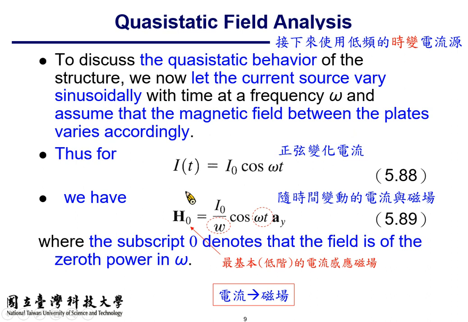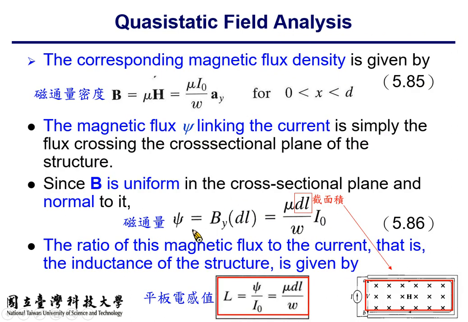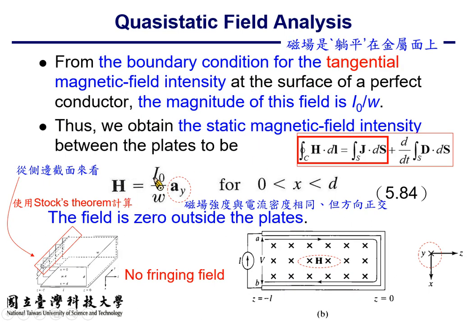And as we saw in the previous slide, the magnetic field associated with the current source is I sub 0 divided by W, the width.